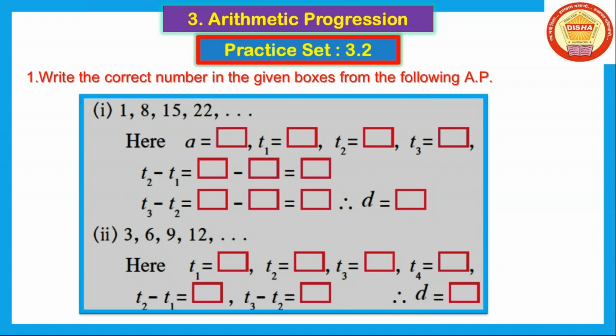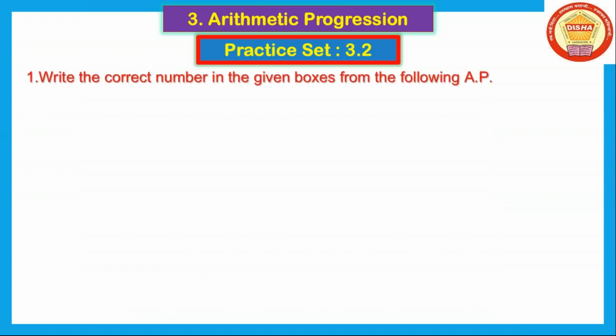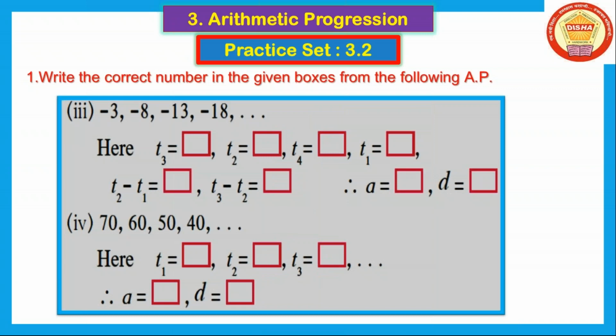Then the next question is same here. It is C. From question number first, again third is given, which is present in the AP form, and it is also based on the activity. T1 is negative 3, T2 is negative 8, T3 is negative 13, and T4 is negative 18, and so on. So we fill the boxes here.